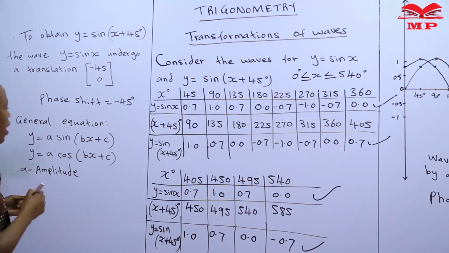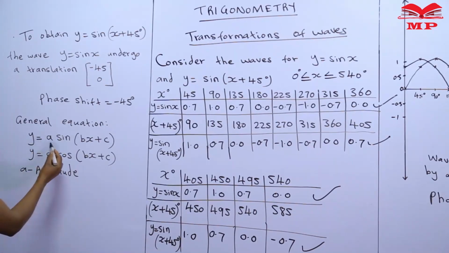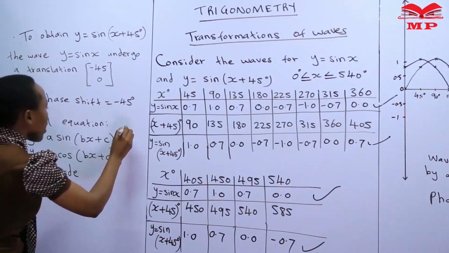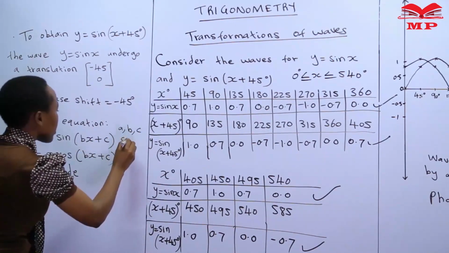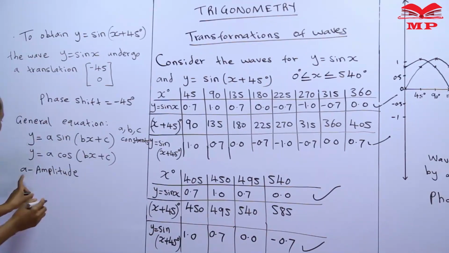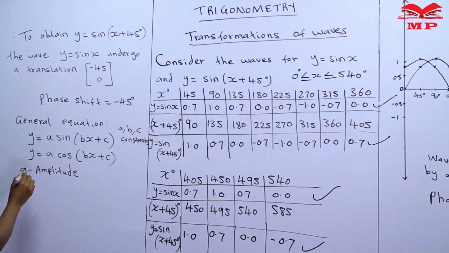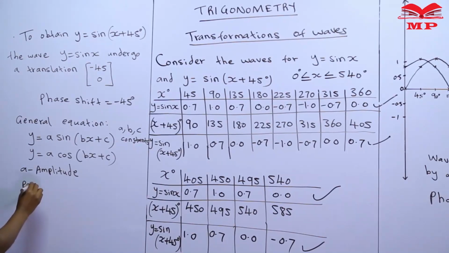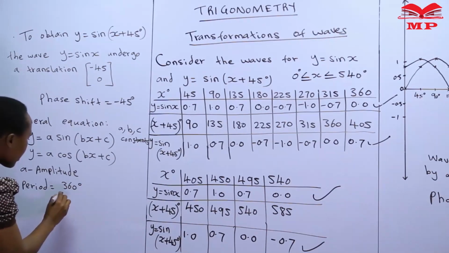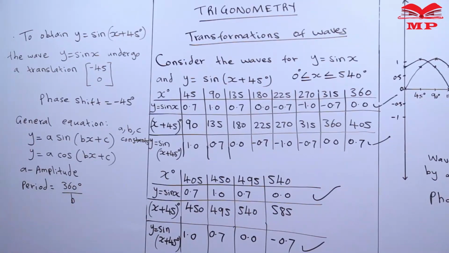In this case, our a, b, and c are constants. You need to remember that a, b, and c are constants. So a is the amplitude. Then when we want to get the period, it is given by 360 degrees divided by b.